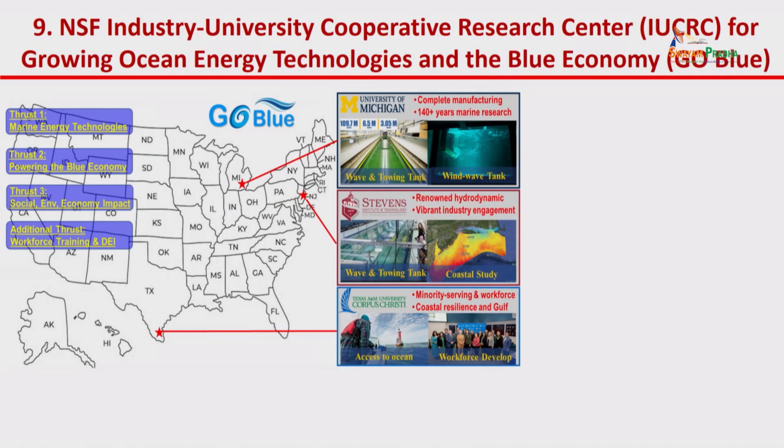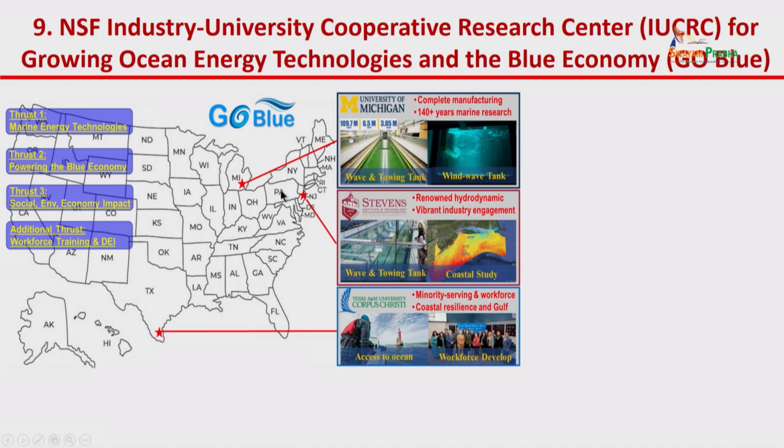Industry engagement is very important. We cannot just say that on the university side we have some idea. We need to know the industry's needs. For this reason, I created an industry university cooperative research center, Go Blue, growing ocean energy technology and blue economy. The University of Michigan is the headquarters.